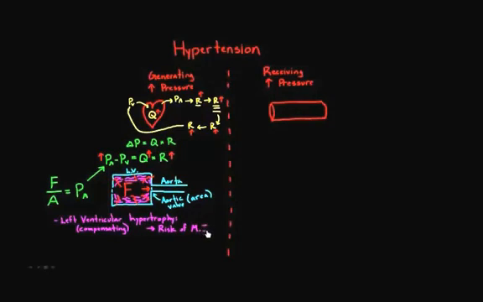The other possibility is that the left heart doesn't compensate, and you have what's called left heart failure. And what that basically means is that the left heart says, you know what, I can't generate the pressures that are being required to move all that blood around, and so I won't generate those pressures.